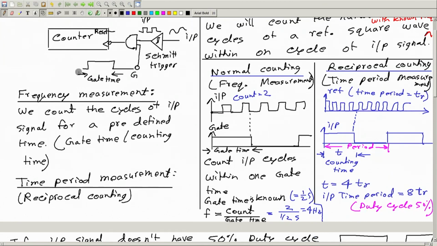And this gate signal is normally generated from a clock generator. Okay. So, we can have a crystal oscillator, and after that we can have a frequency divider.